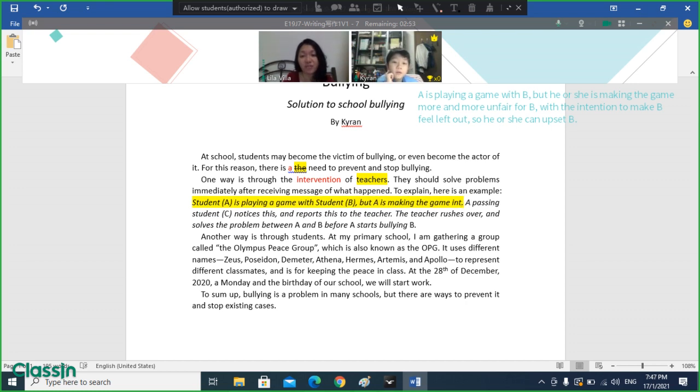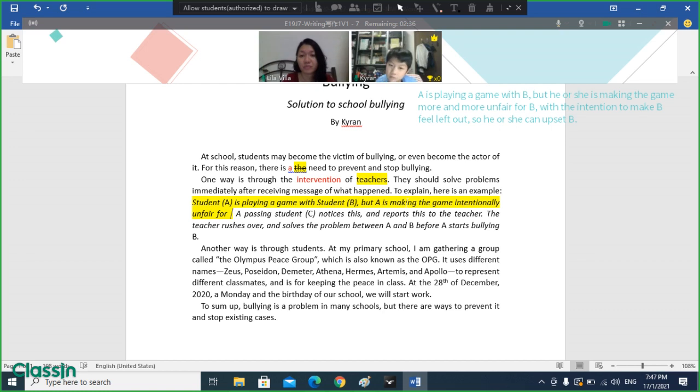Instead of more and more unfair, I'd replace it with intentionally unfair. What do you think about that? Yeah, makes sense, because he's doing it on purpose, for a reason, for an agenda, let's say. To make B feel left out, because we don't know. Okay, there you go. Good.